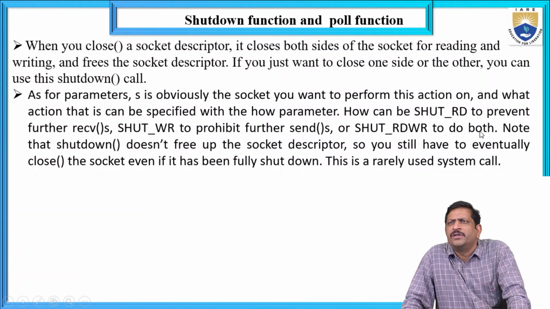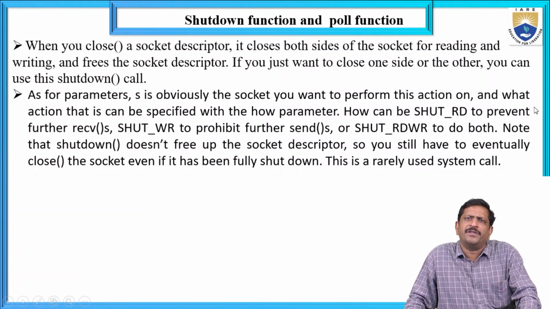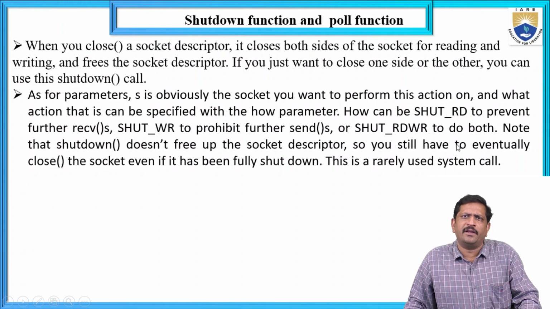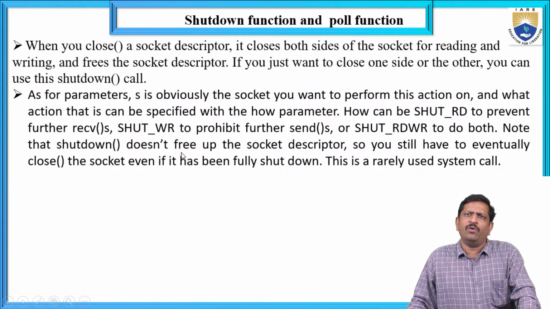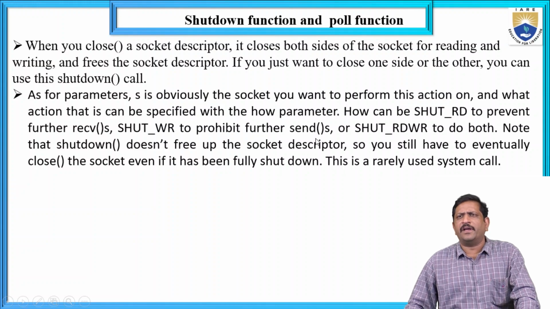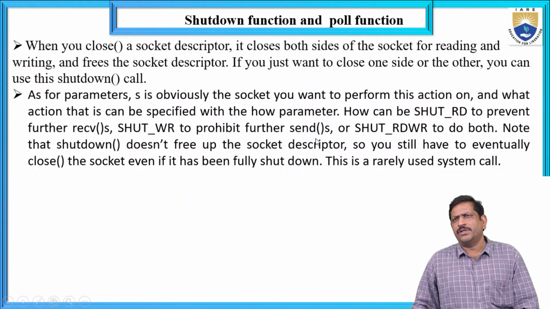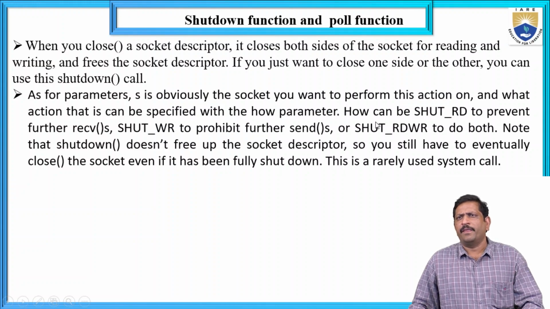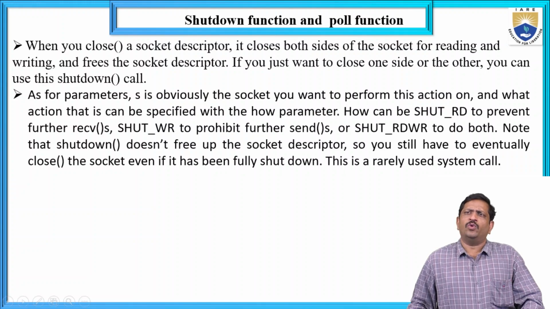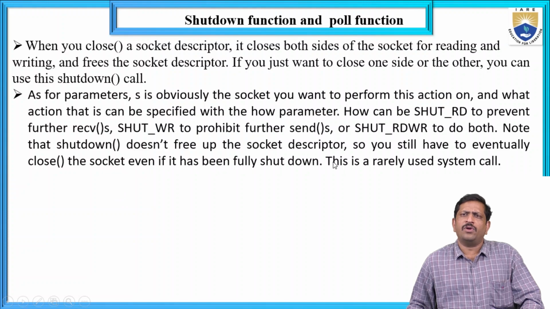How can we shut down the reading operation to prevent further receives? Shut down writing to prohibit further sends, or shut down both reading and writing. Shutdown does not free up the socket file descriptor.